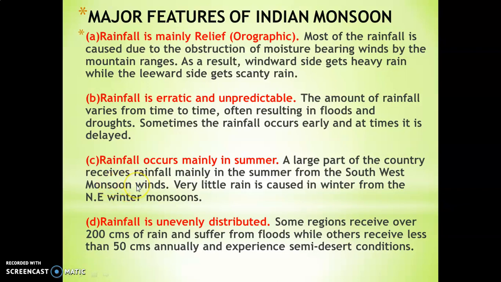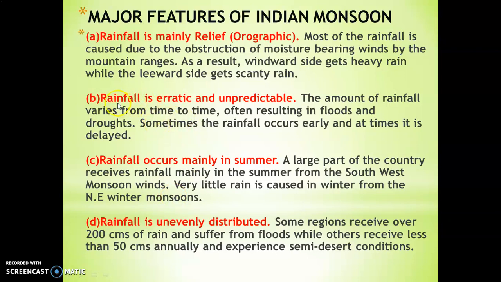These winds are also called onshore winds. Whereas northeast monsoon winds, which blow during winter, blow from land to sea. These are called offshore winds, so their moisture capacity is less than southwest monsoon winds.